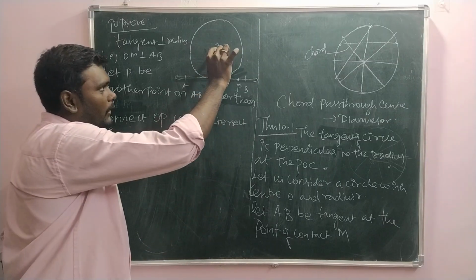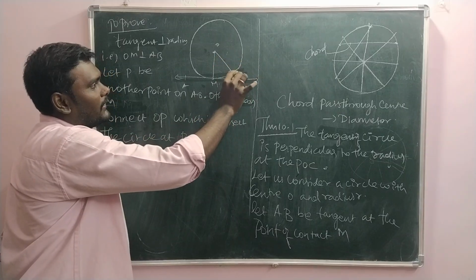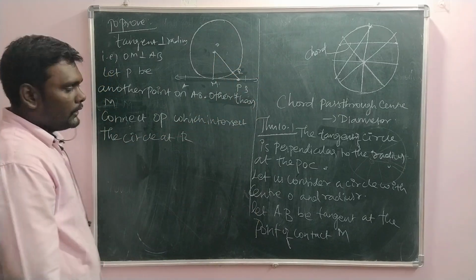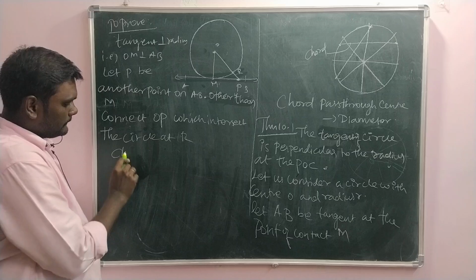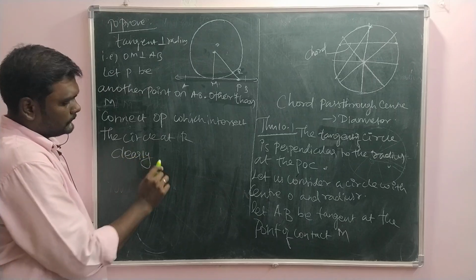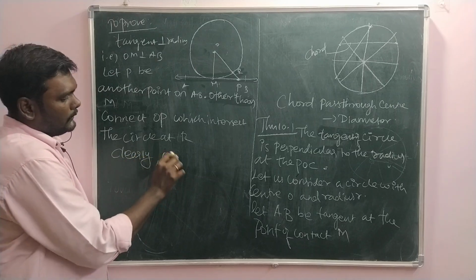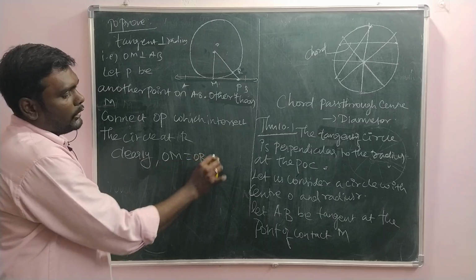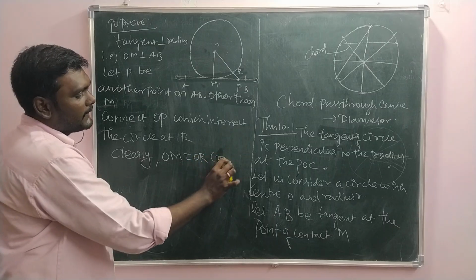So clearly we have OM equal to OR. Why? Because that is the radius.